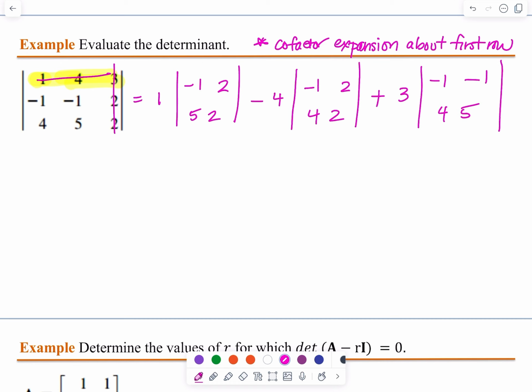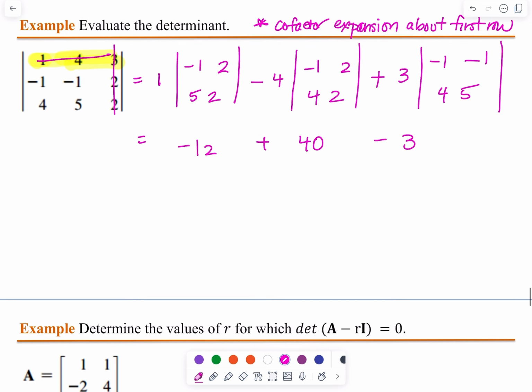And if we compute that, we will end up with negative 12 plus 40 minus 3, and we will end up with 25. And of course, how we came up with this is negative 2 minus 10.